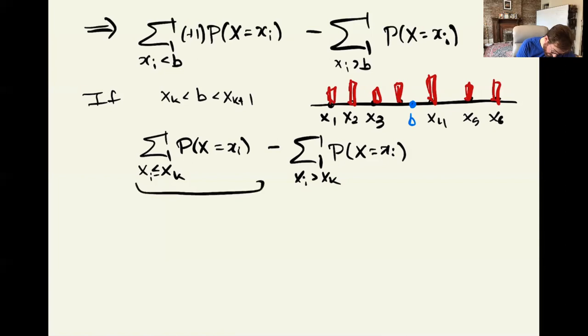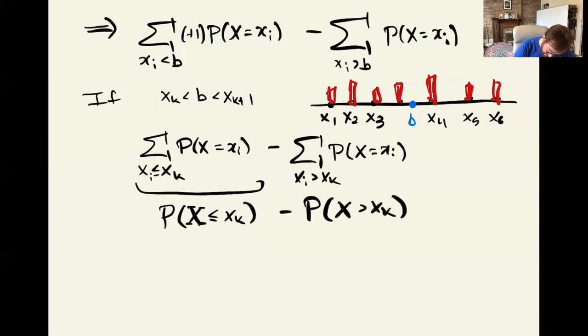Now, if you think carefully about what this is, by the law of total probability, I'm just summing up the probability of disjoint events. So this is the same thing as the probability that X is less than or equal to xk, because I'm summing over all the outcomes that are less than or equal to xk. And similarly, this is the probability that X is strictly greater than xk.